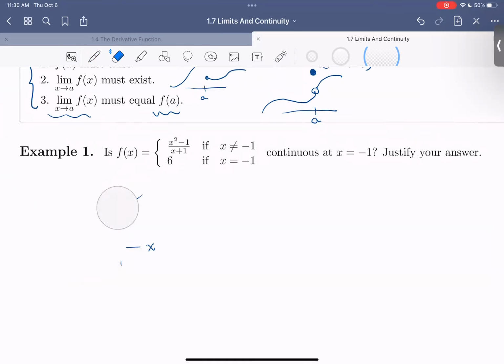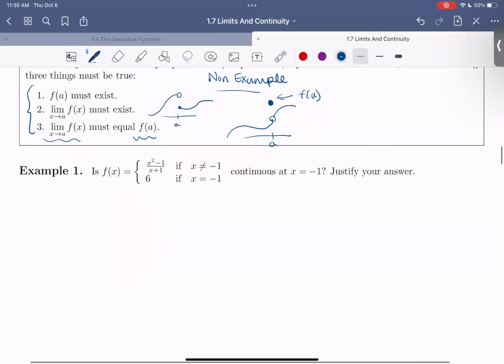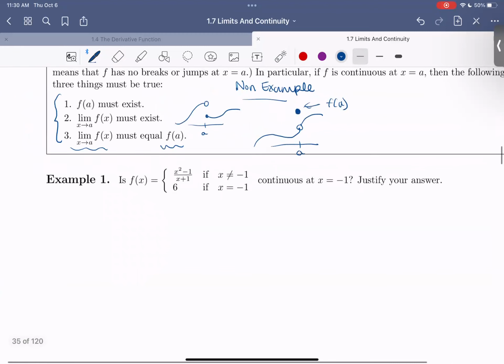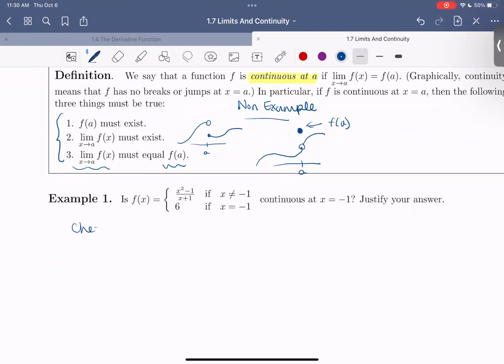In order to check if our function is continuous at x equals -1, we need to check if these three conditions that we saw in the definition box are satisfied. So let's write that down. Check if the three conditions for continuity at x equals -1 are met.